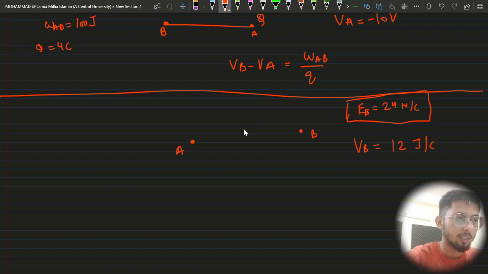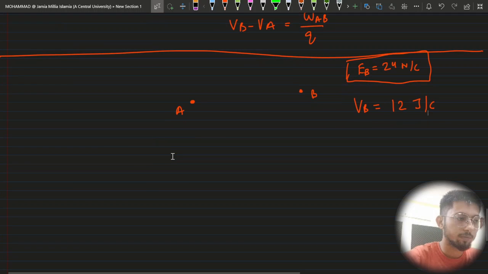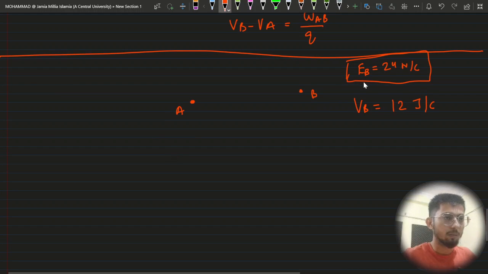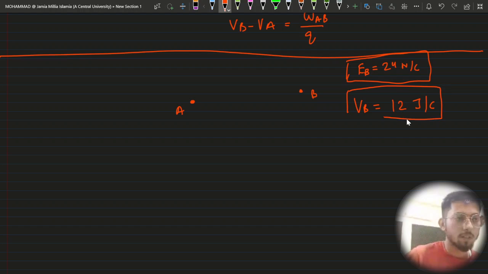You will need to apply both the formulas. First one is for the electric field due to the point charge at A, and then the potential due to the charge. So what is the electric field? E is KQ by R square, if R is the distance.